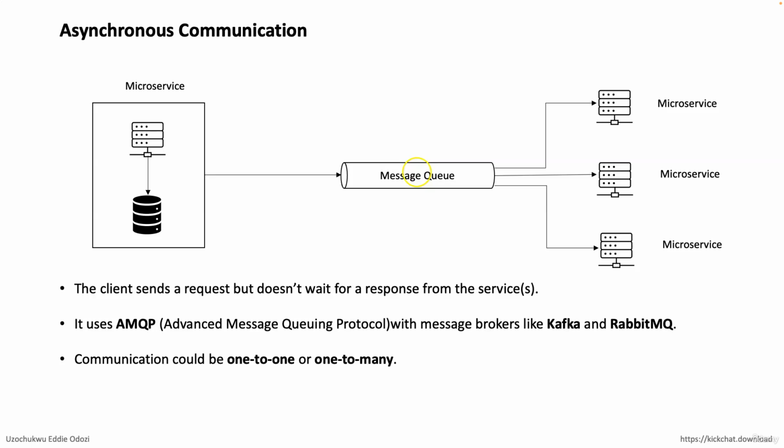So it's being consumed by different microservices. One-to-one involves just sending a direct message to a specific microservice. We are going to see how to implement the one-to-one communication or the one-to-many communication. So this is just the basic idea of what the synchronous and the asynchronous communication types involve.